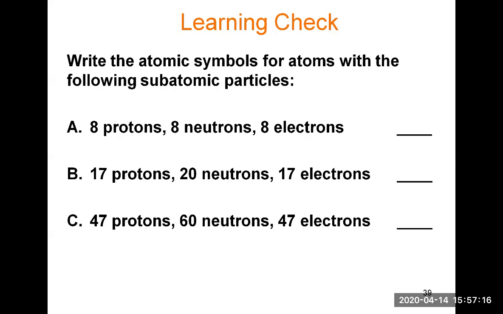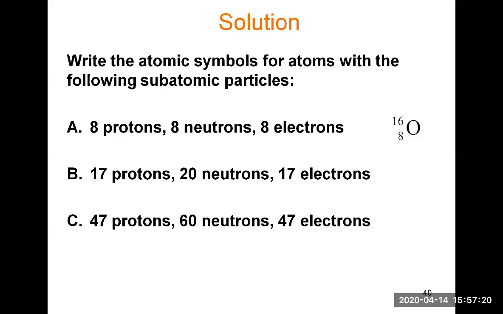So you add them together, and that's 16. So the first symbol here would be oxygen 16 and 8. So that's the isotope oxygen 16. The number of electrons being the same as the number of protons means that it is neutral, so there's no charge.